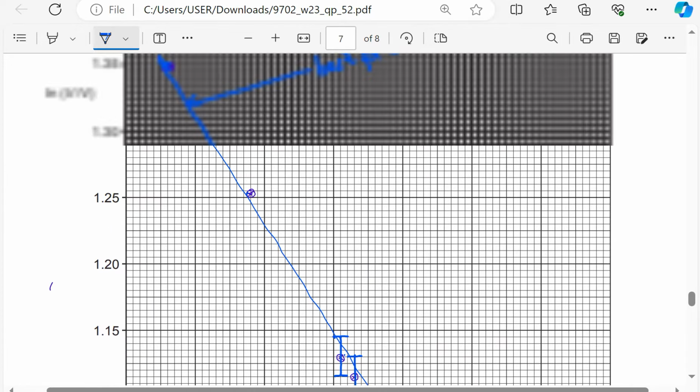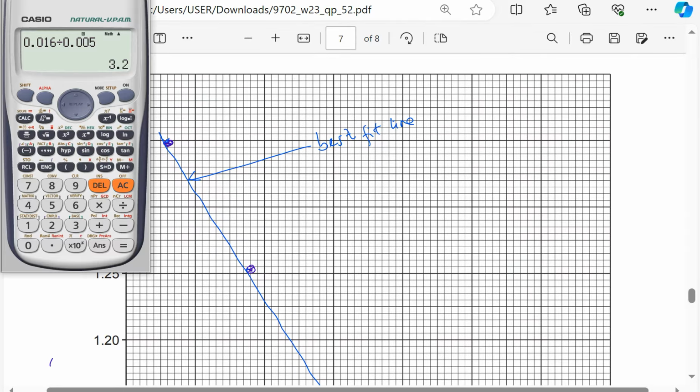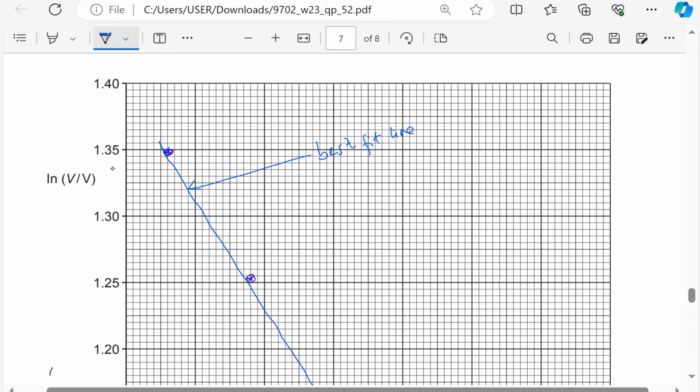The next one, I think it was 0.014. I can check with my calculator. 0.014 divided by 0.005. Those are approximately three small boxes. So, and this was in the center.